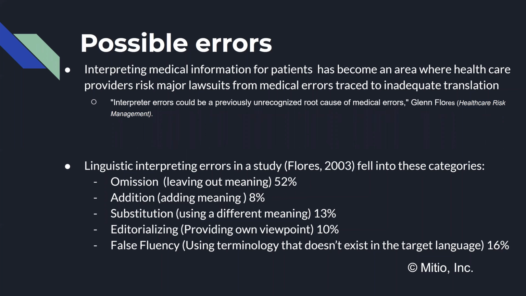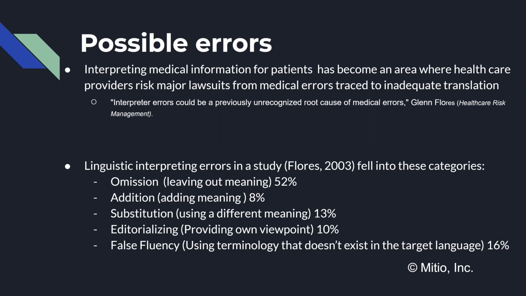So if you don't understand something, if you're not sure that term exists in the other language, we have to later research it. We have to look for ways to avoid these. And as you do your practice interpreting, you will see that these errors are inevitable.